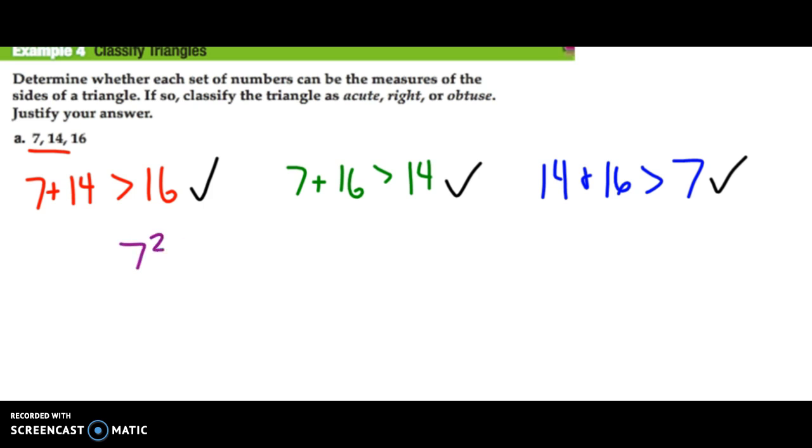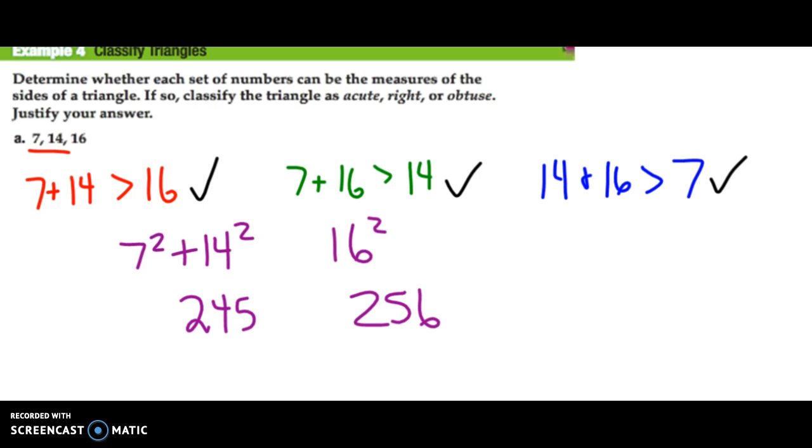So I say 7 squared plus 14 squared, and I put 16 squared over here. Well, 7 squared is 49, and 14 squared is 196. Add them together, and it's 245. And 16 squared is 256.